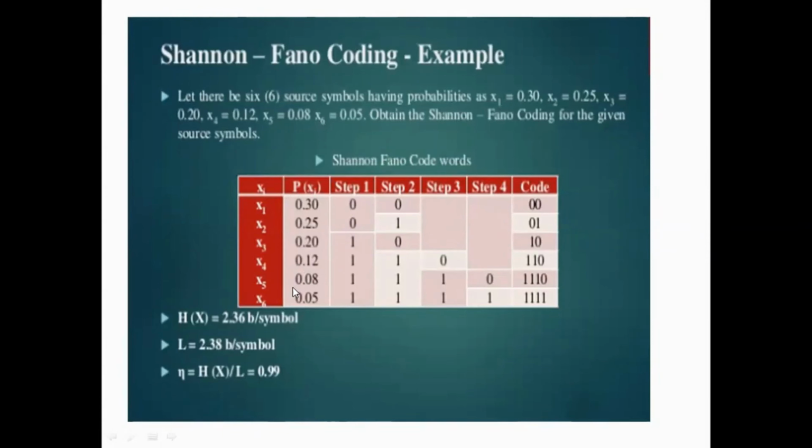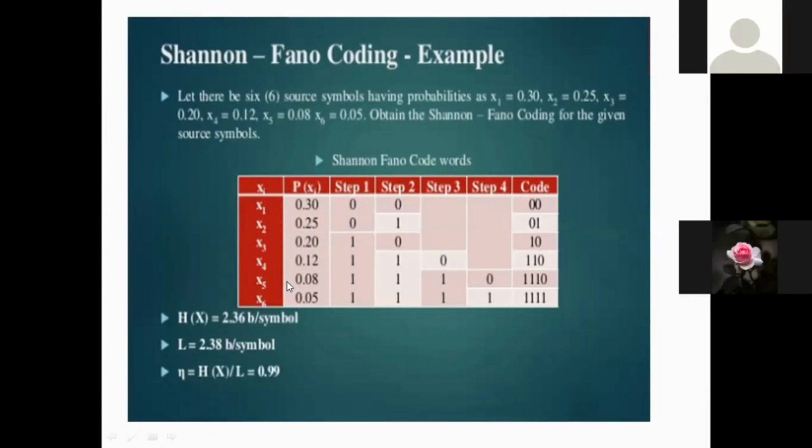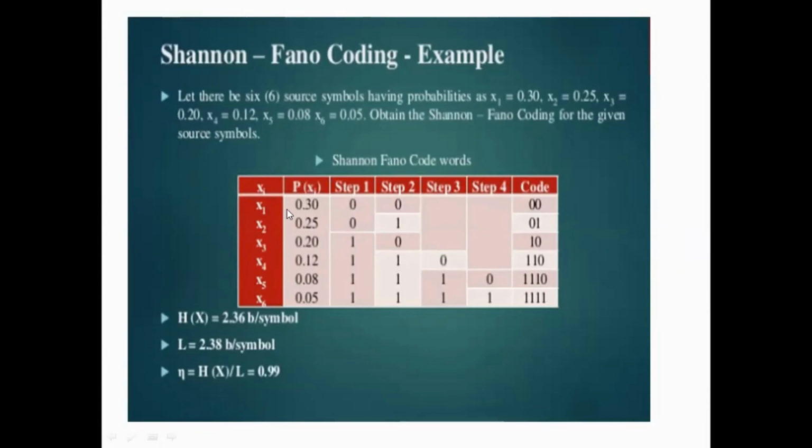If we have 0.45 above and 0.55 below, that can also be taken. Sometimes we will get 0.6 and 0.4. But since we are listing from higher to lower number, the upper probability should always be greater than the lower one. Yes or no?